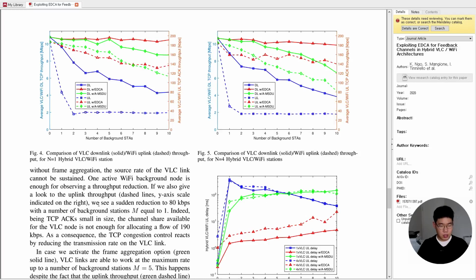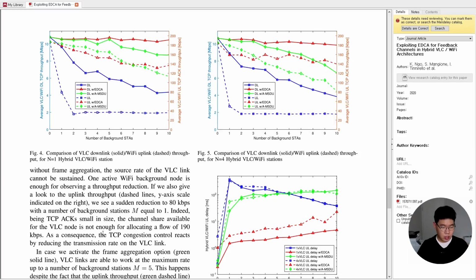We see a sudden reduction to 80 kbps with the number of background stations M equal to 1. Indeed, since the TCP ACK is small in size, the channel share available for the VLC node is not enough for allocating a flow of 190 kbps. As a consequence, the TCP congestion control reacts by reducing the transmission rate on the VLC link.